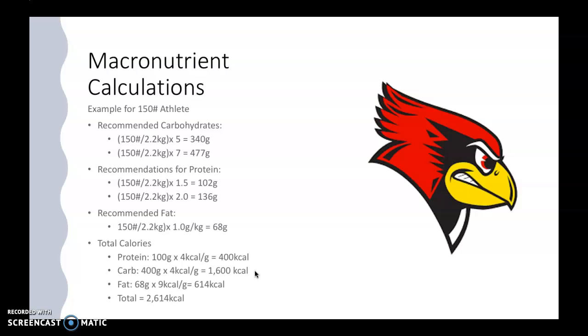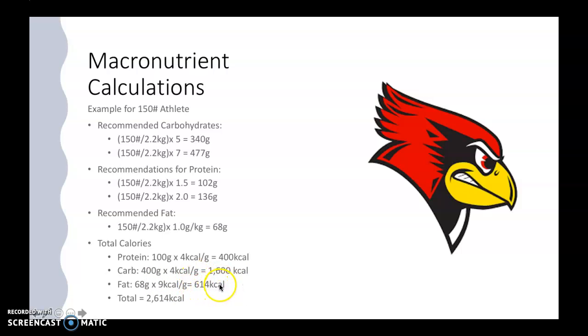And then lastly you have fat, which you do the same thing, divide their body weight, and then take that times 1. So basically you're going to eat your kilograms in grams of fat. However, for this one, you see down at the bottom, you times it by 9 since there's 9 calories per gram to get the calories from fat.